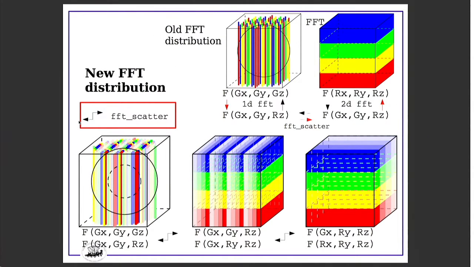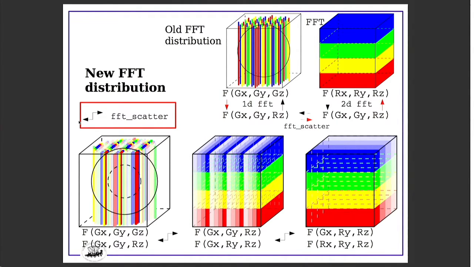So how? Okay, this is what we had before. We can actually distribute fractions of planes. It's not a very original idea, but instead of having full planes distributed in real space, we distribute partial planes.